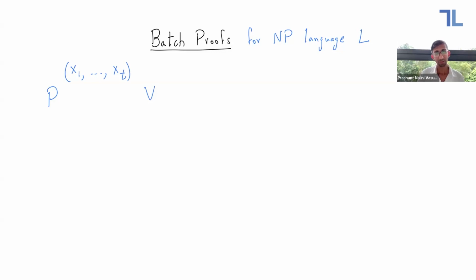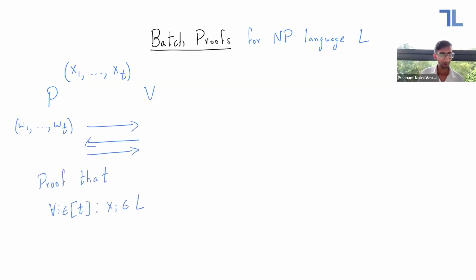They get these T instances of the language, and the prover has as private input purported witnesses for each of these instances. Then they interact as in a normal interactive proof, at the end of which the verifier either accepts or rejects. I want this interactive protocol to constitute a proof that all of the instances that were given are contained in the language, that all of the x_i's are in the language.